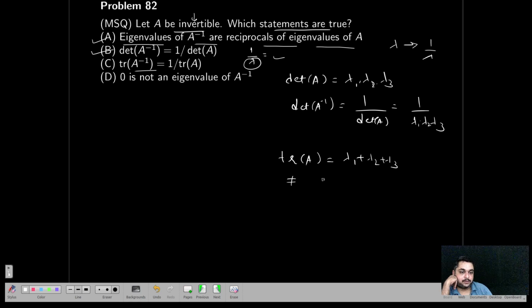This may not be equal to 1 by lambda 1 plus lambda 2 plus lambda 3. So this is not always true. Now, 0 is not an eigenvalue of A inverse. That's so, because it's invertible, so lambda cannot be 0.